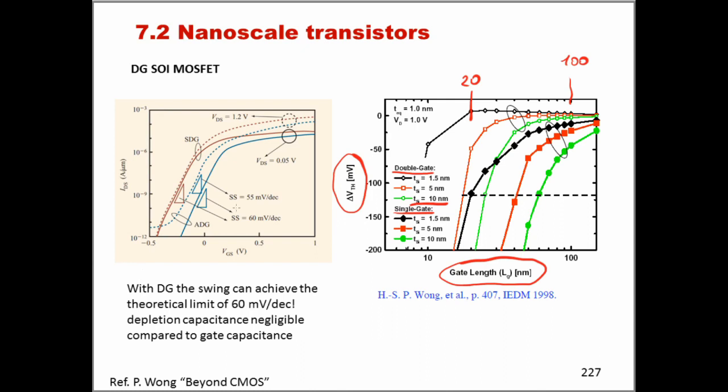Oh, it is worth noting here also that by introducing the SOI technology, we immediately were able to create devices with a swing that is effectively the theoretical one for silicon transistors.